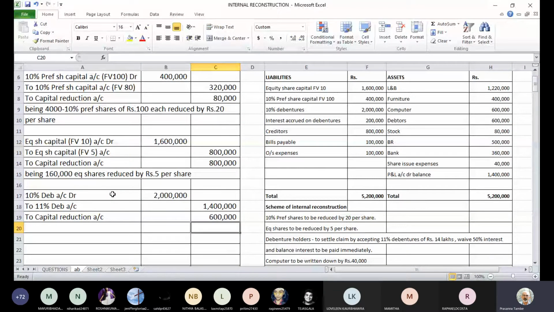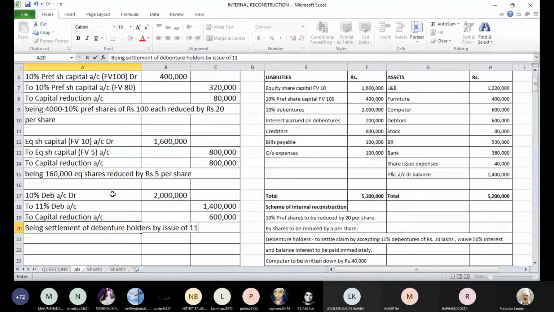It is like a discount. So it will be transferred to capital reduction account. Then we have to write the narration: settlement of debenture holders by issue of 11% debentures.